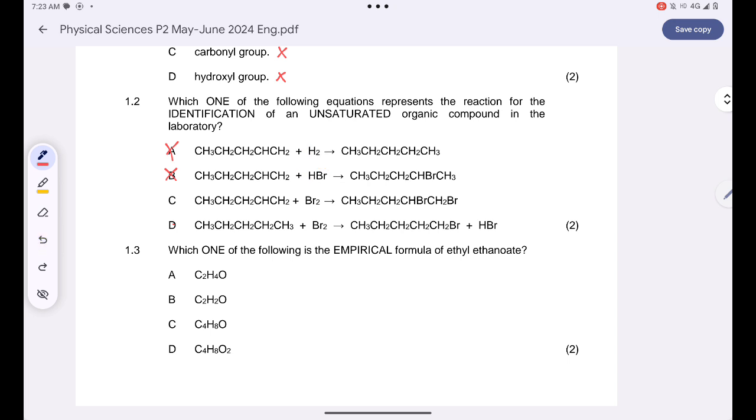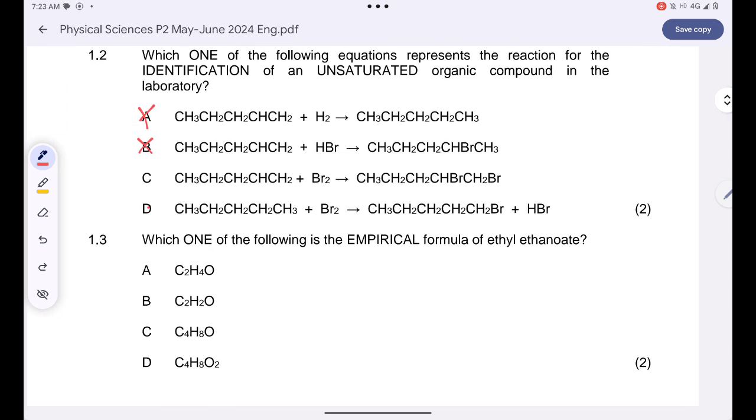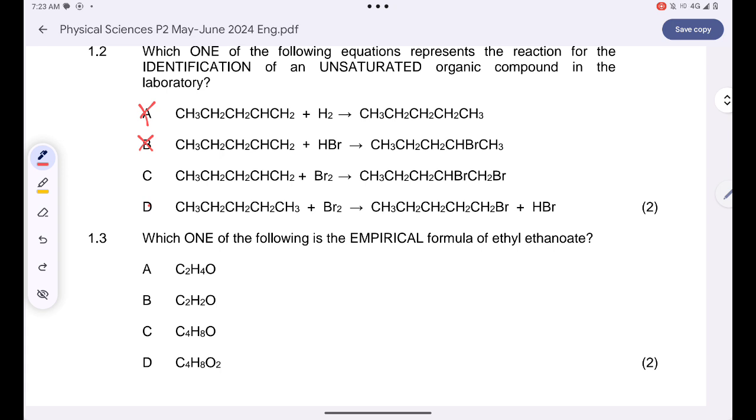If we take a saturated hydrocarbon with bromine water, that would require external energy, and there will be a substitution reaction. We'll end up forming an alkane and a byproduct as well.